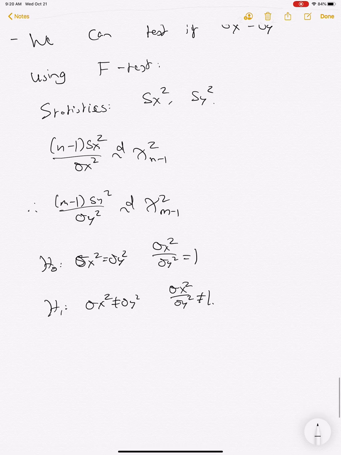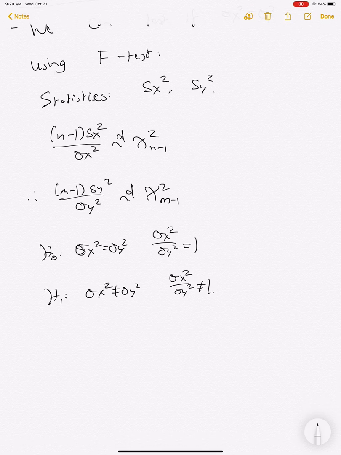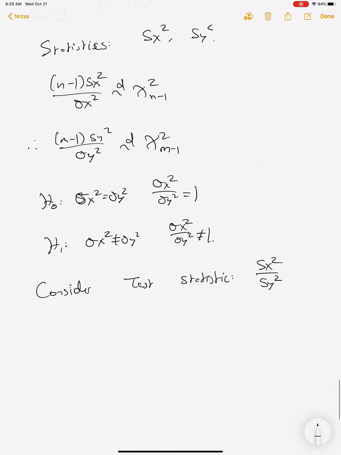Okay? So then what we can see is if we consider the test statistic where you might just naturally compare the ratio of these two, and if it's far away from 1, you reject the null, and if it's close to 1, then you accept the null hypothesis.